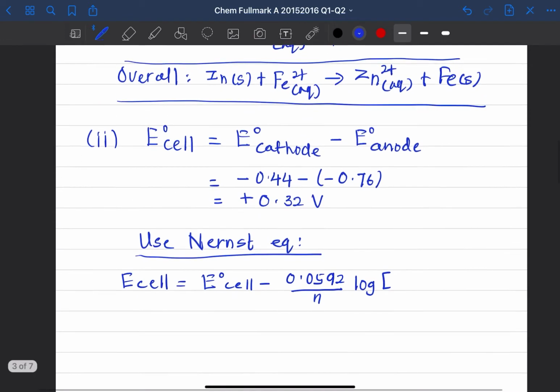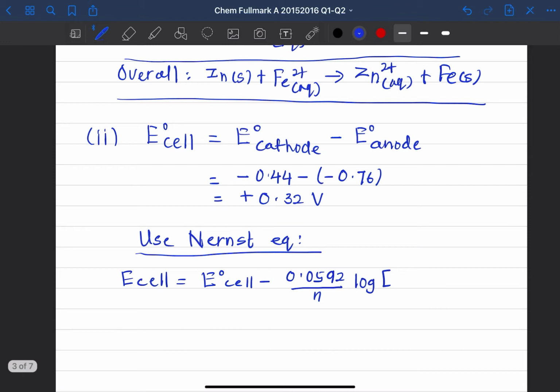You can refer to the overall equation. Our products, look on the right: we have zinc 2 plus aqueous and iron solid. We just consider the ions in aqueous. We cannot take solid. Don't take solid.